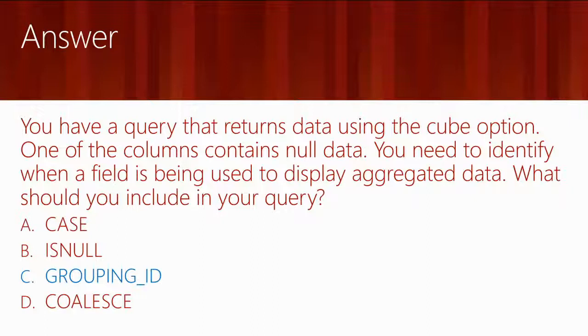Second thing is what GROUPING_ID is going to do is return back a 0 or 1. It's going to return back a 0 if that null value that you're seeing is a real null. It's going to return back a 1 if that null value that you're seeing is indicating an aggregate.